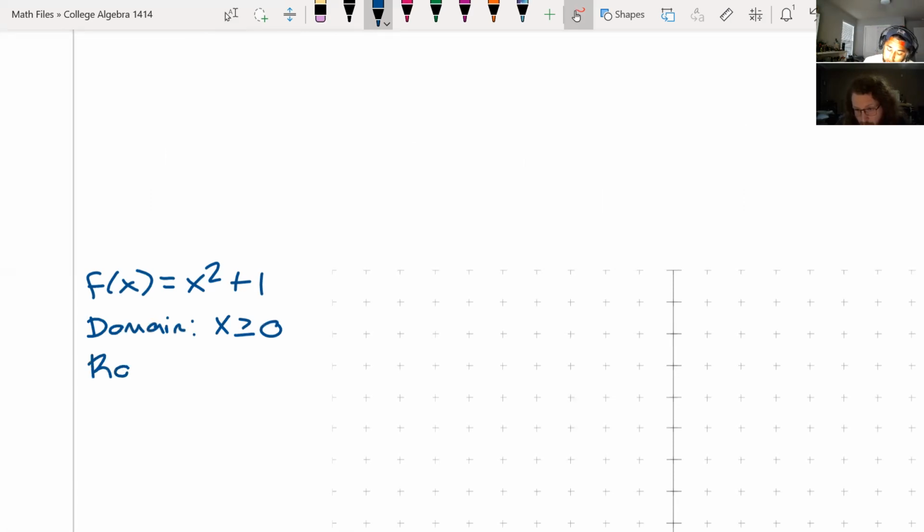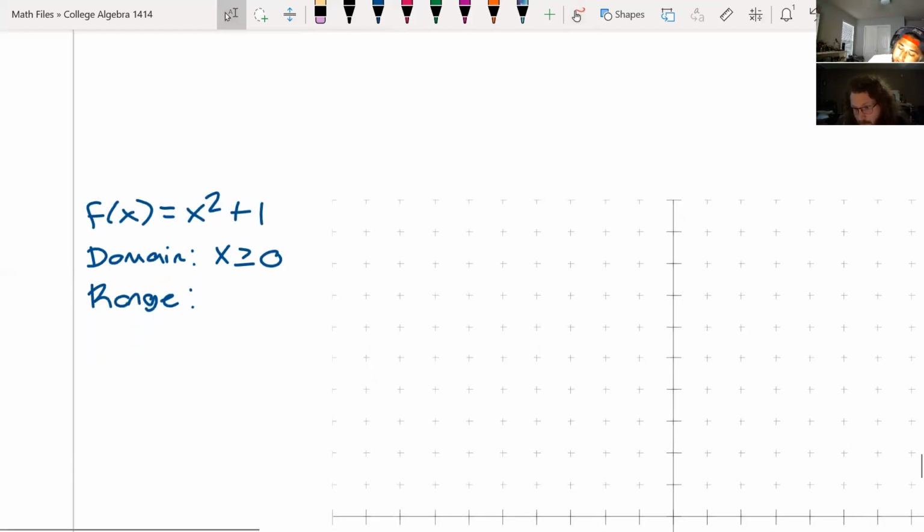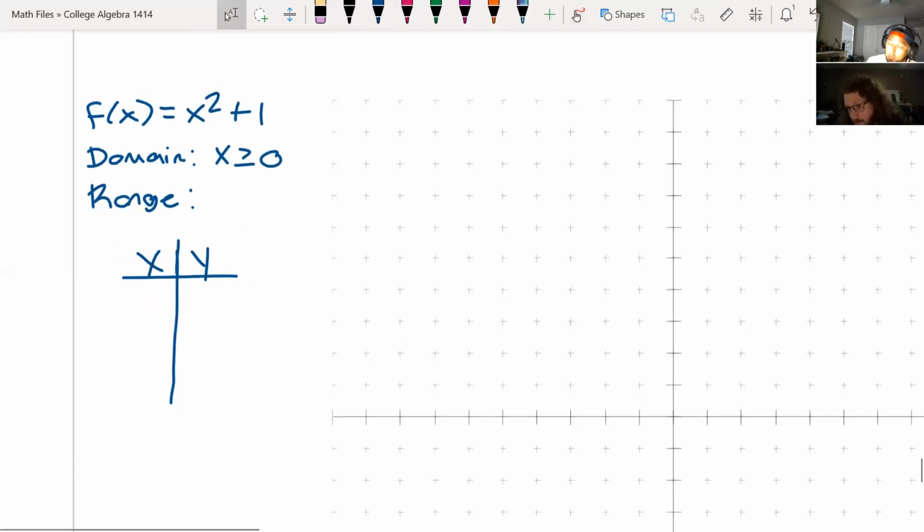The range, well, we'll figure that out in a second. Let's go ahead and graph this. So I'll make my XY chart here. And the domain's already telling us what x values to pick. It says choose anything greater than or equal to 0.